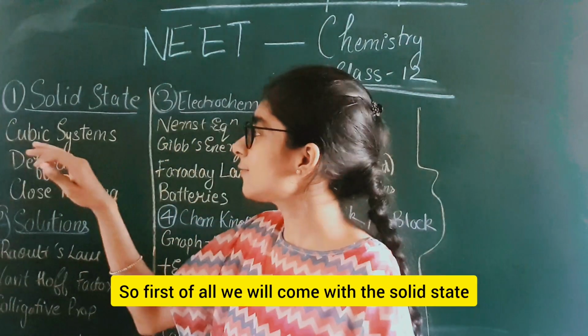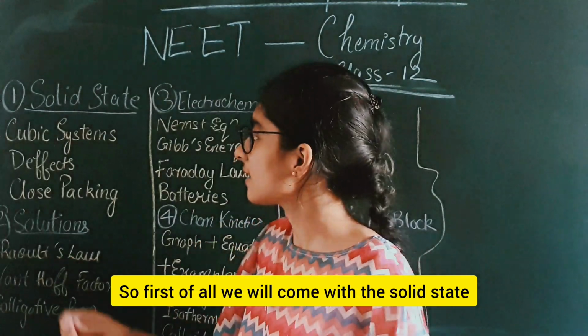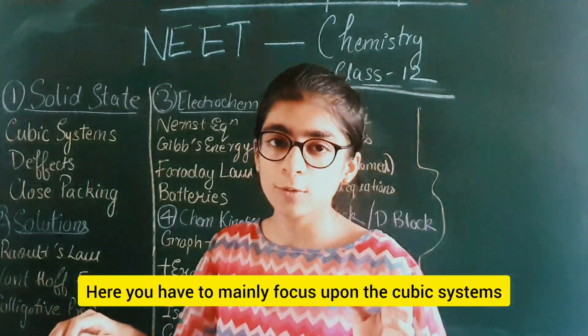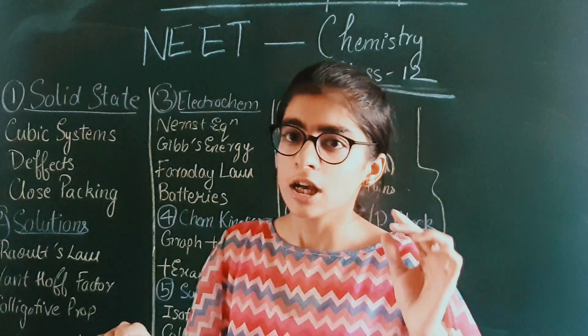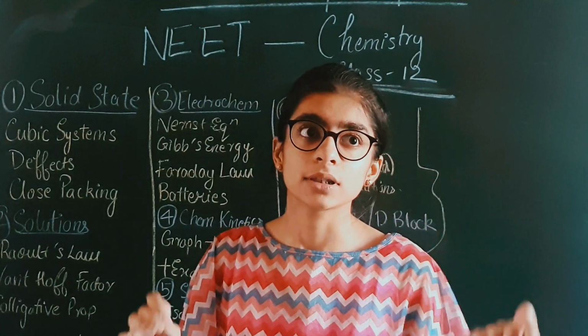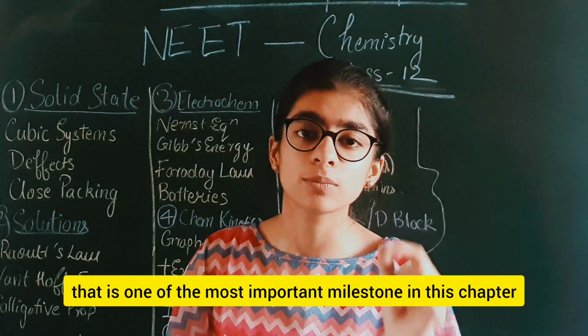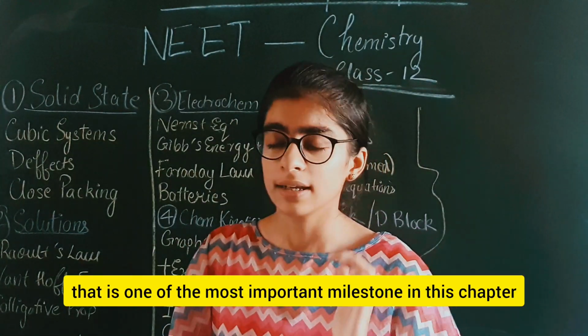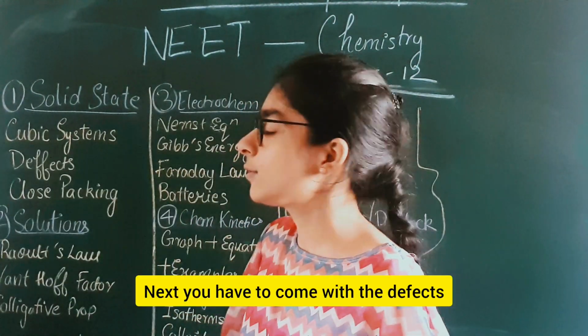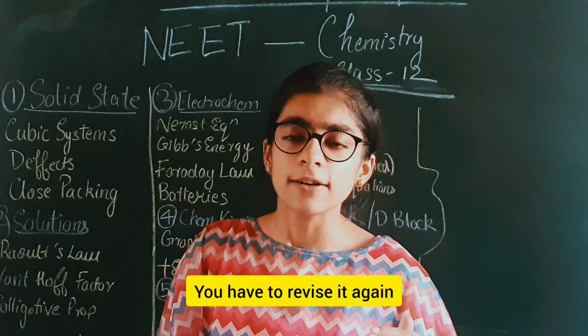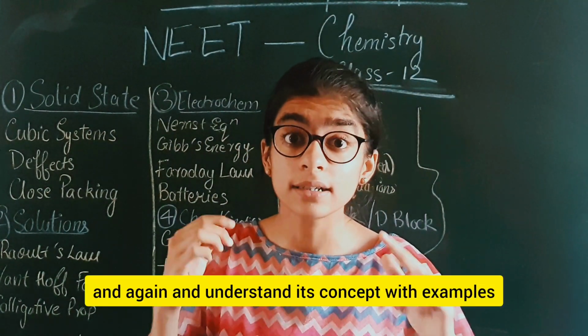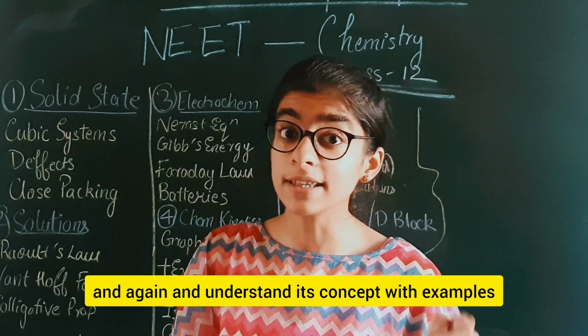First of all, we will come to the solid state. Here you have to mainly focus upon the cubic systems, their formulas, the relation between the side length and radius. That is one of the most important milestones in this chapter. Next you have to come to the defects. You have to revise it again and again and understand the concept with examples.